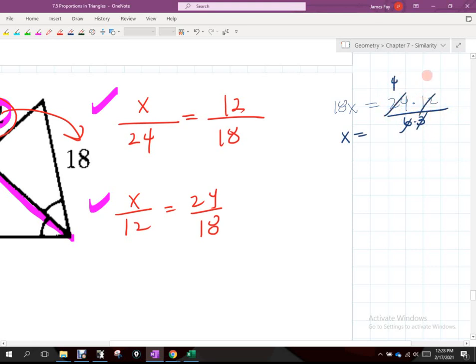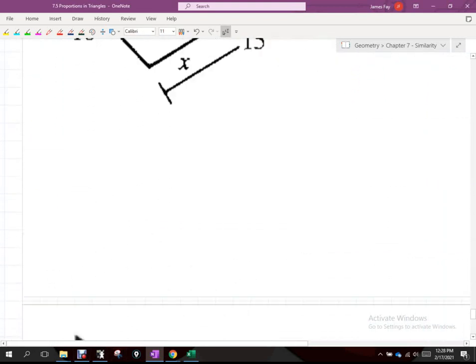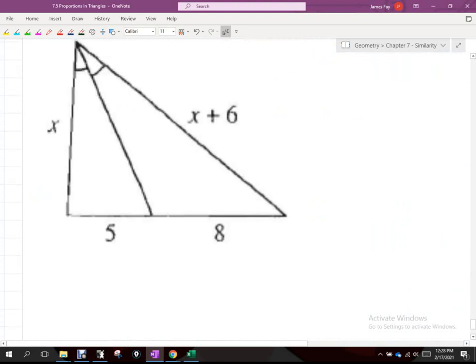That 3 is going to cancel there, leaving me a 4. So it gives me 16. All right? Do this one on your own.